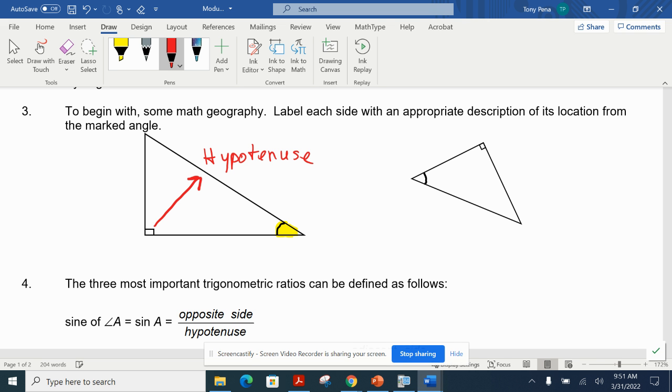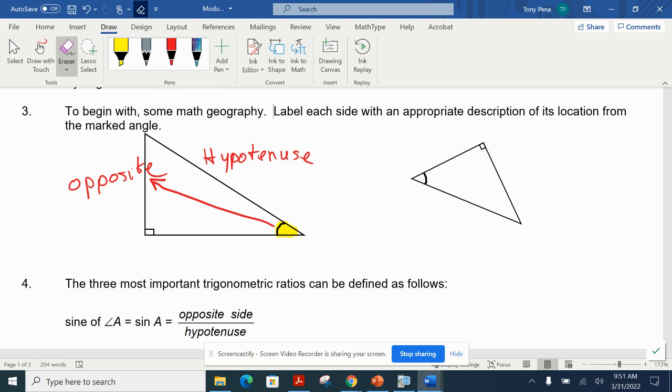So whatever is opposite of the right angle, that is still your hypotenuse for all of these trig relationships that we've been working with. Then if this is our angle that we're referencing, okay, so we always want to know what angle we're dealing with. If that's our angle, the side that is opposite of that angle is exactly what we would have just said. That's the opposite side. So we start doing opposite over adjacent, opposite over hypotenuse, so on and so forth. That's your opposite.